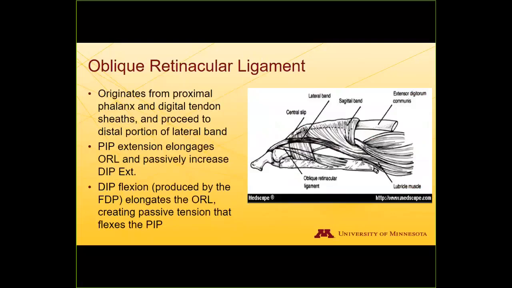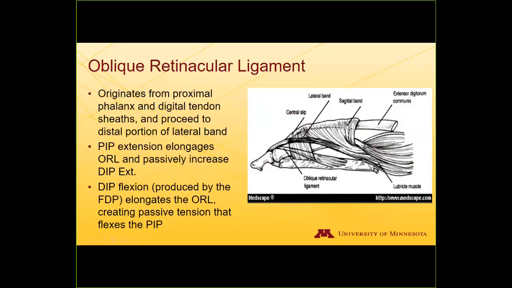So the oblique retinacular ligament is the next thing I wanted to talk about, and that's this structure right here. It originates, to some extent, from flexor digitorum profundus, and comes underneath the PIP joint, which is right here, and then travels up and enters into the back of the hand on top of the DIP joint.